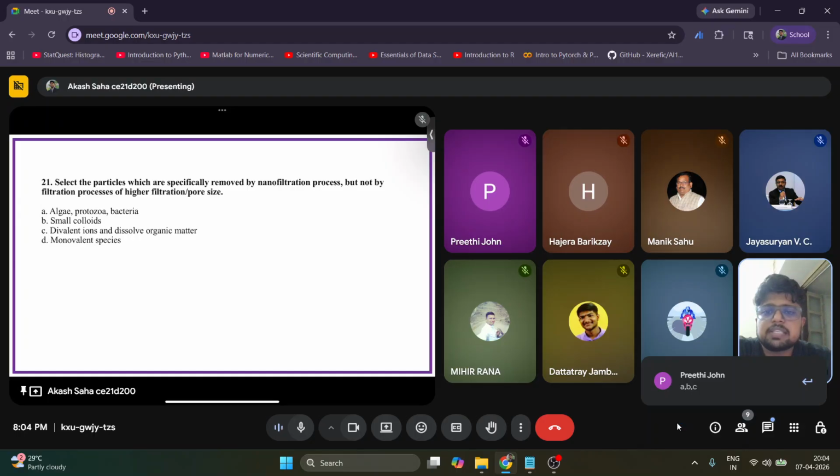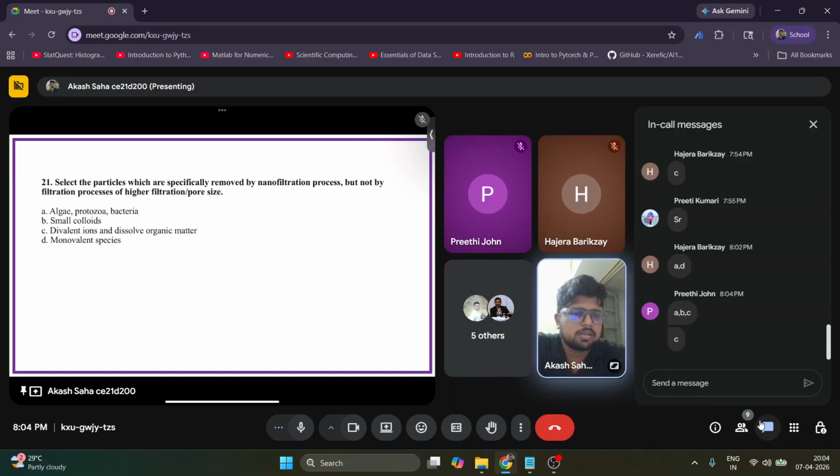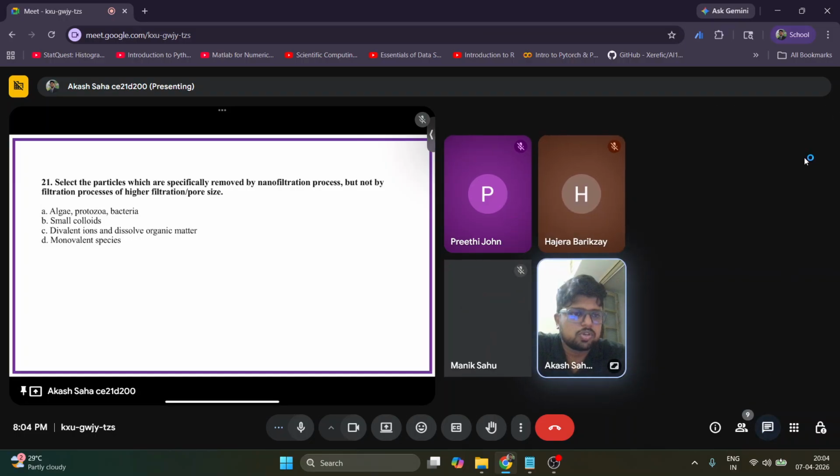So we are asking which is only removed by nanofiltration, not by the other filtration processes of higher sizes, only by nanofiltration. We have microfiltration, ultrafiltration, nanofiltration, and reverse osmosis, right?